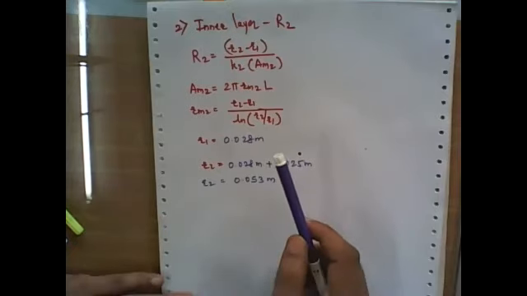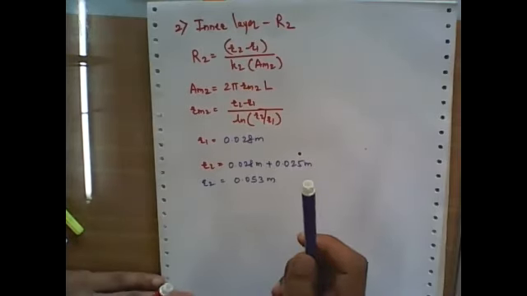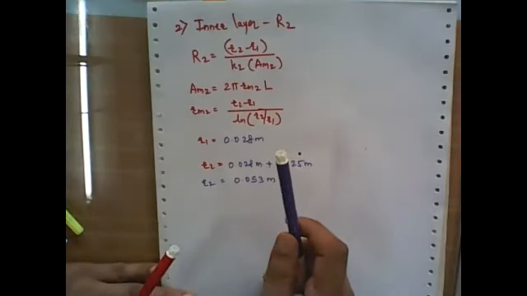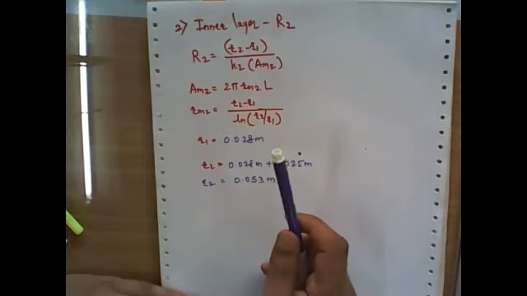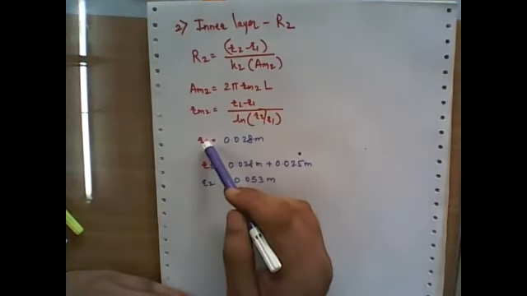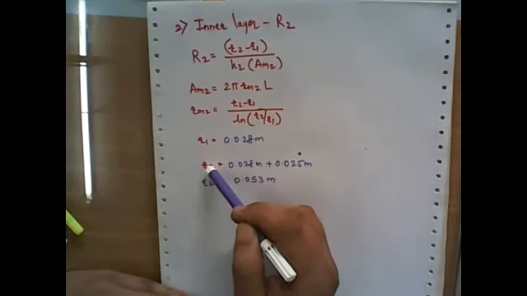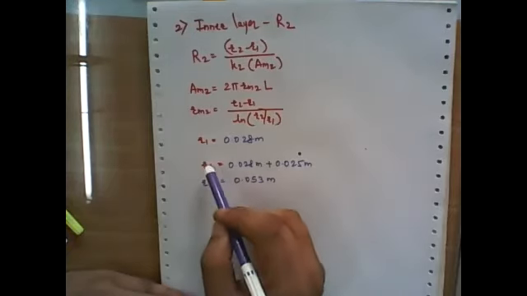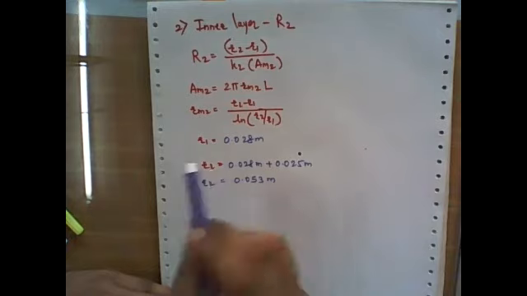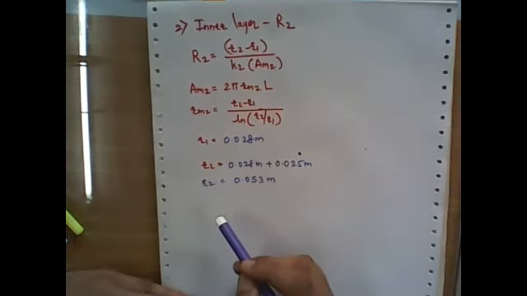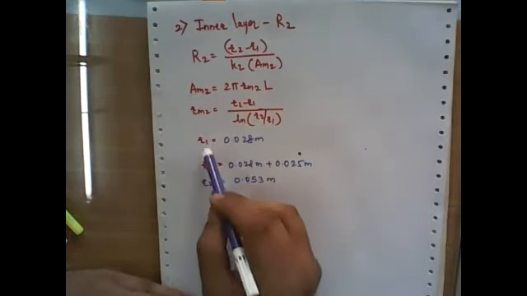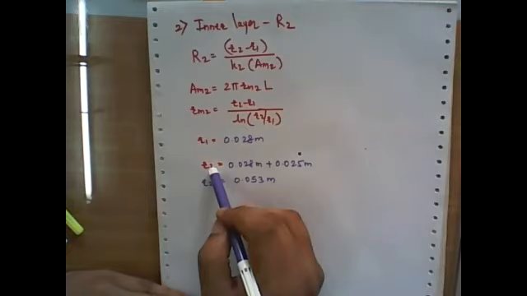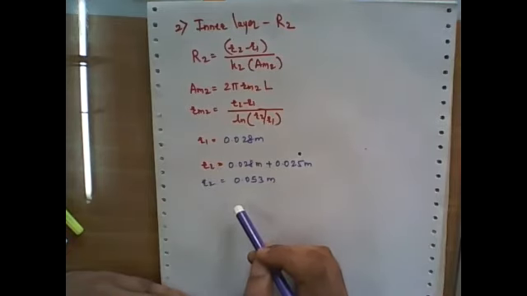It is very important to calculate the values of r1 and r2 correctly. For that purpose, you should draw the diagram first, and on the basis of the diagram, you can easily find out the radii for the different resistances, because we have used the same symbols, r1 and r2. But this r1 and r2 for the first thermal resistance is different, that is for the pipe, and this r1 and r2 are different, that is for the inner layer of insulation.